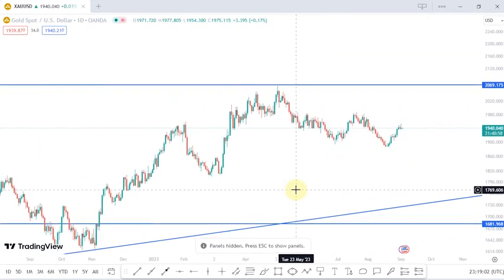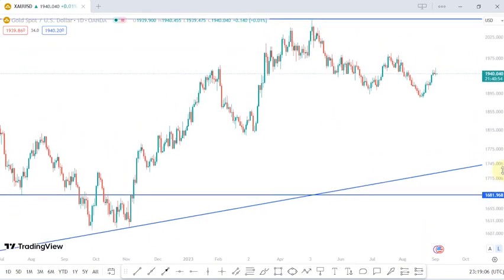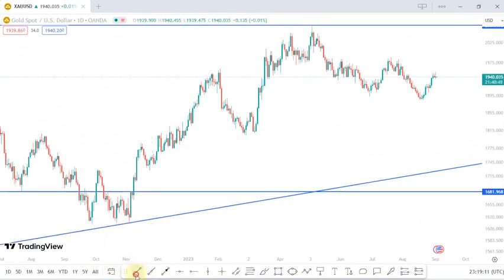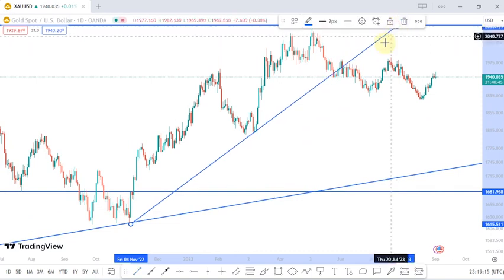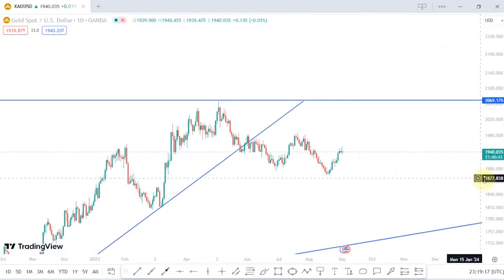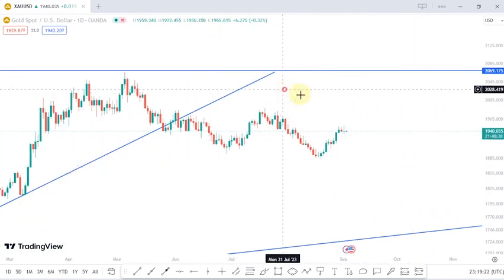On getting to the daily time frame, what can we see? We can see what price is doing here. We throw in the trend line again, and this time you see that our trend line has been broken, and recently this is where price is.